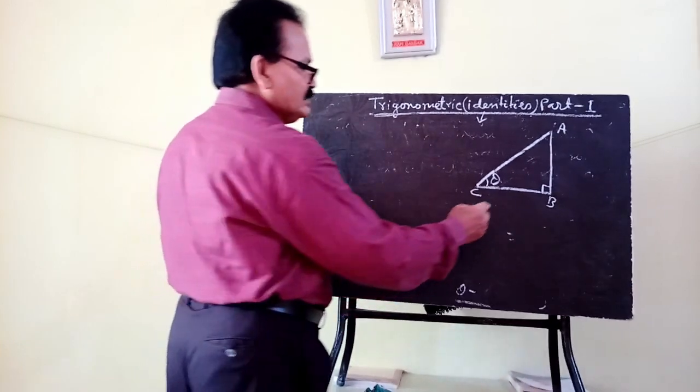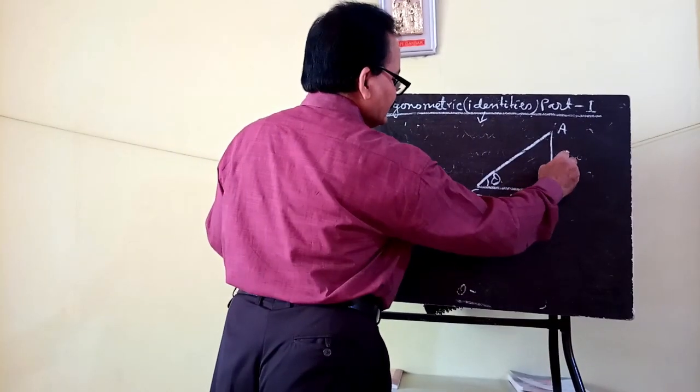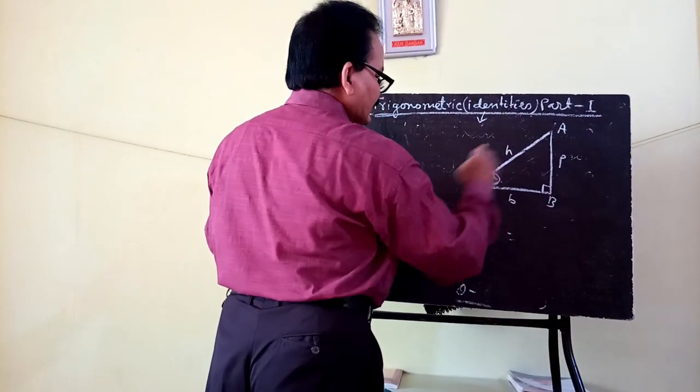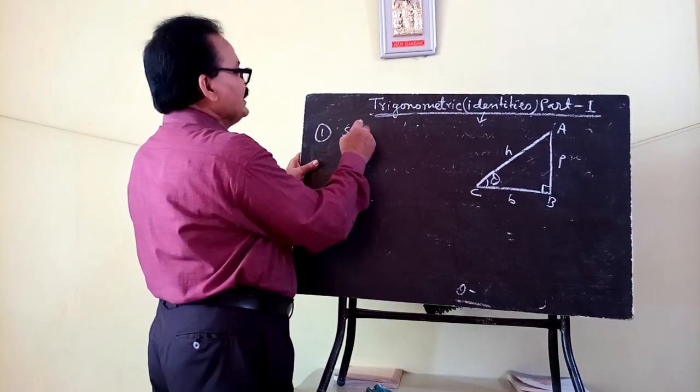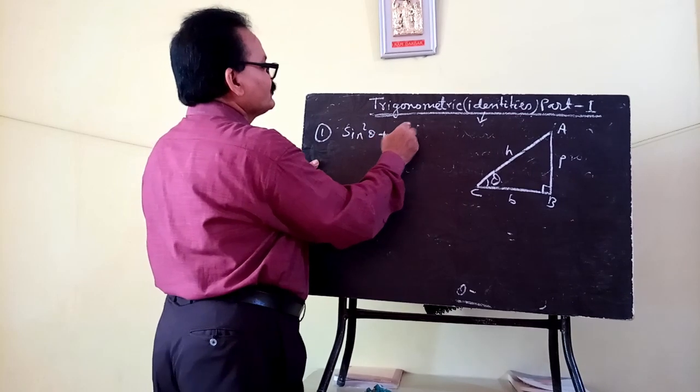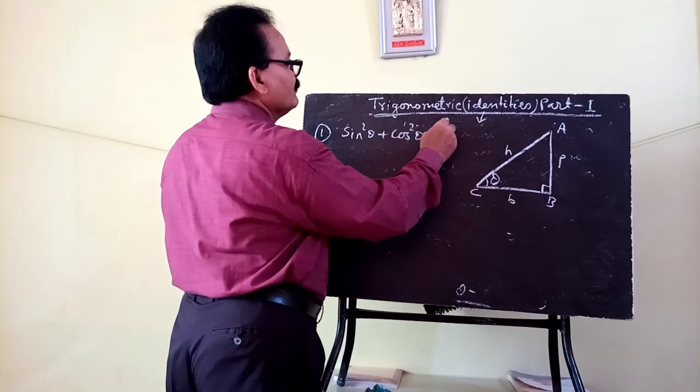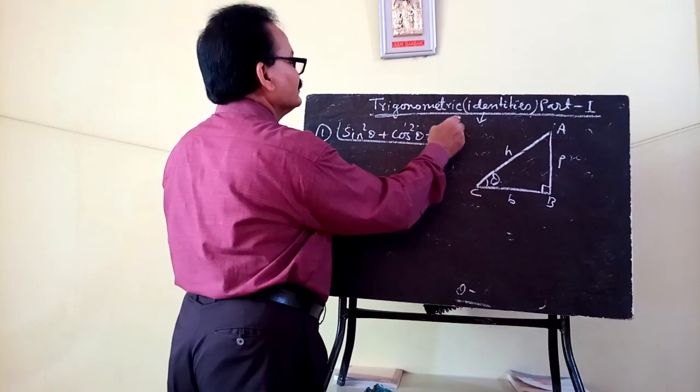Clear? So in this case, this is your base, this is your perpendicular and AC is your hypotenuse. So your first identity is sin square theta plus cos square theta equal 1, that you have to prove.